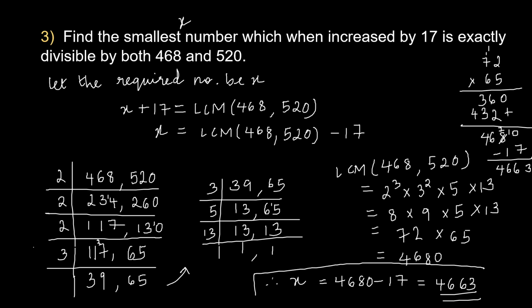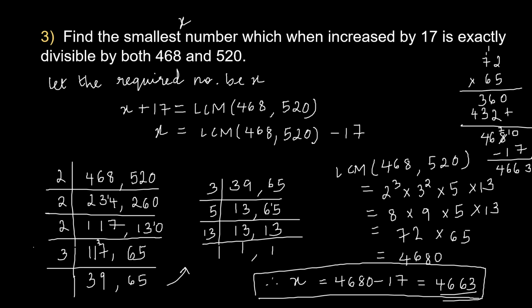So this is important. If we subtract 17 from this number, we are going to get the smallest number, which when increased by 17 is divisible by both 468 and 520.